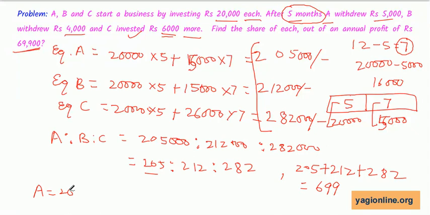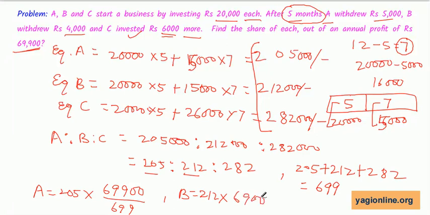So 205 units of the profit is 205 into 69,900 divided by 699, and B's share will be equal to how many units? 212 units of the profit. 212 into the total profit 69,900 divided by 699, and similarly C's share will be 282 units of profit. 282 into 69,900 divided by 699.